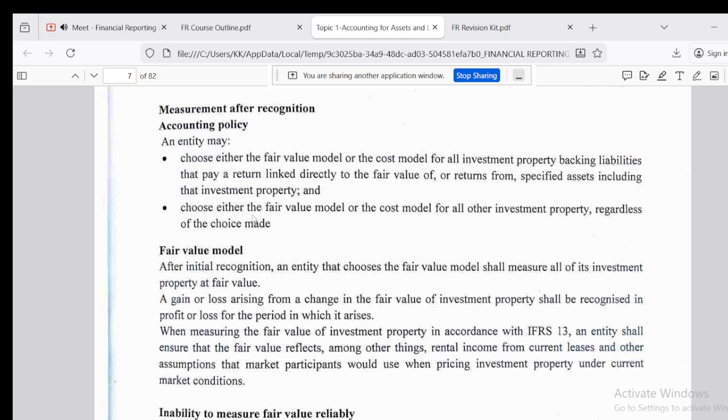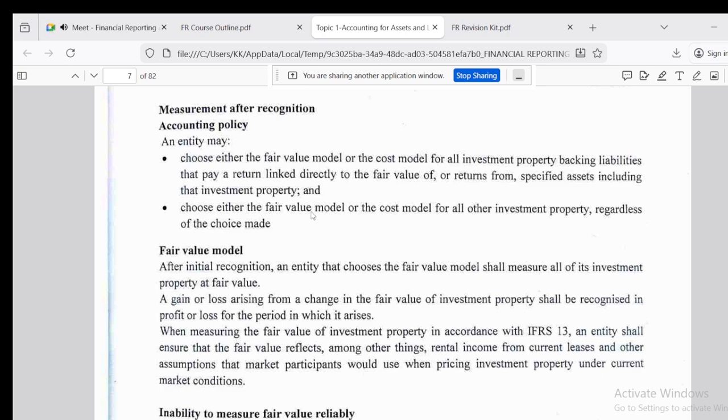And the other one is what? Choose either the fair value, which is the actual value, or the cost model. For all investment property backing liabilities that pay a return linked directly to the fair value, or returns from specific assets, just what we have said initially is enough.